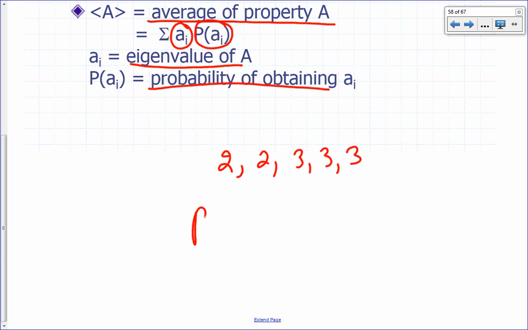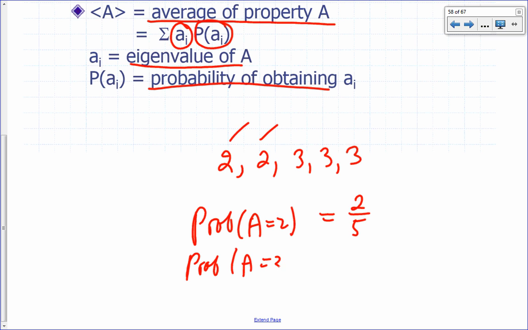So what's the probability that I'm going to get a 2? 2 out of 5 possible outcomes, 2 out of 5, right? What's the probability that I'm going to get a 3? 3 over 5, right?